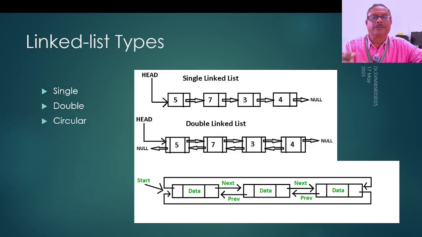If the number of nodes we have is more than the number of data we want to store at any time, then of course the circular linked list will be very useful.